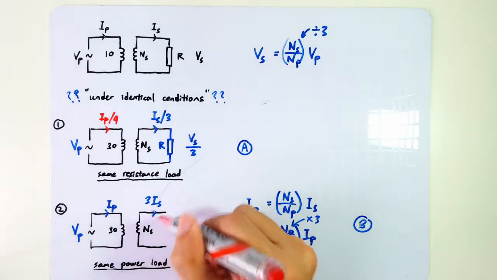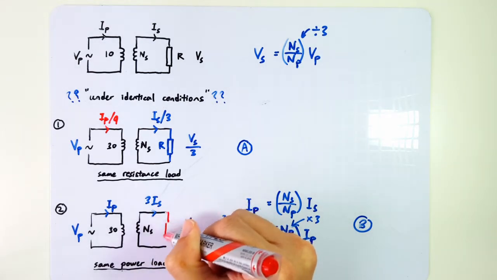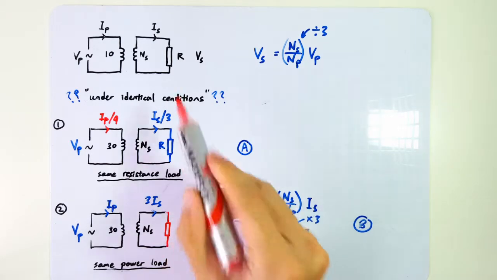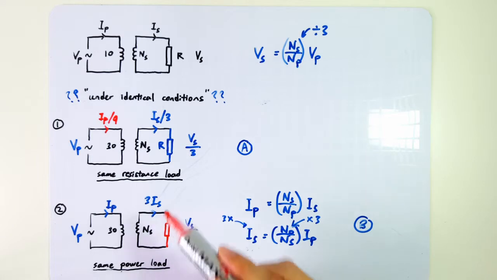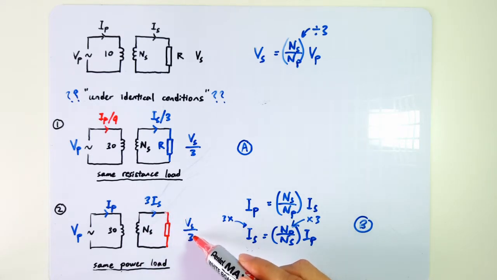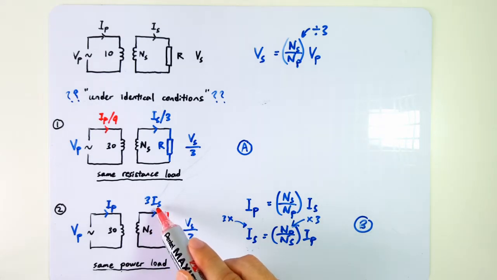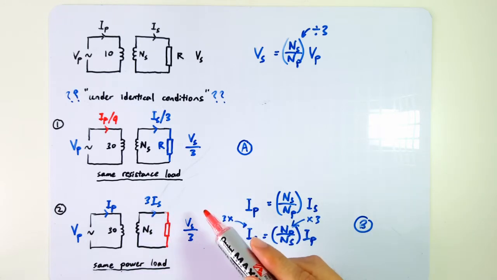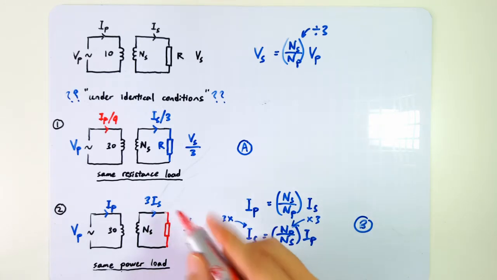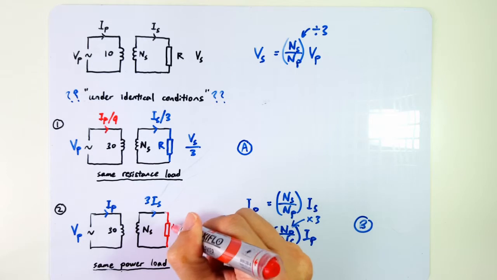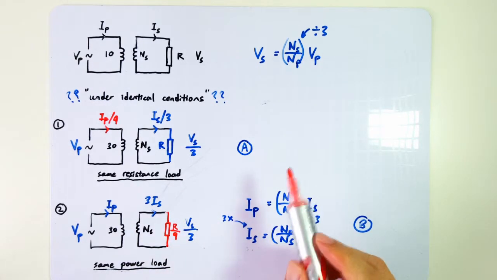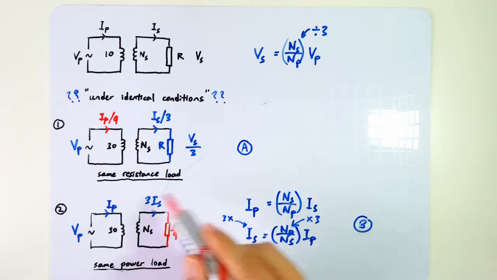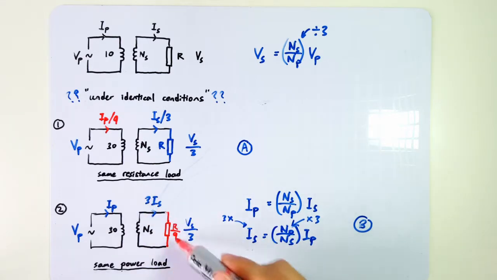The difference is the load that we're connecting here cannot be R, because the current here we can calculate by Vs over 3 divided by 3Is, right? So that means this resistance cannot be R. It has got to be R over 9, because you take this PD, you divide by this current, that's the resistance. It turns out to be R over 9.